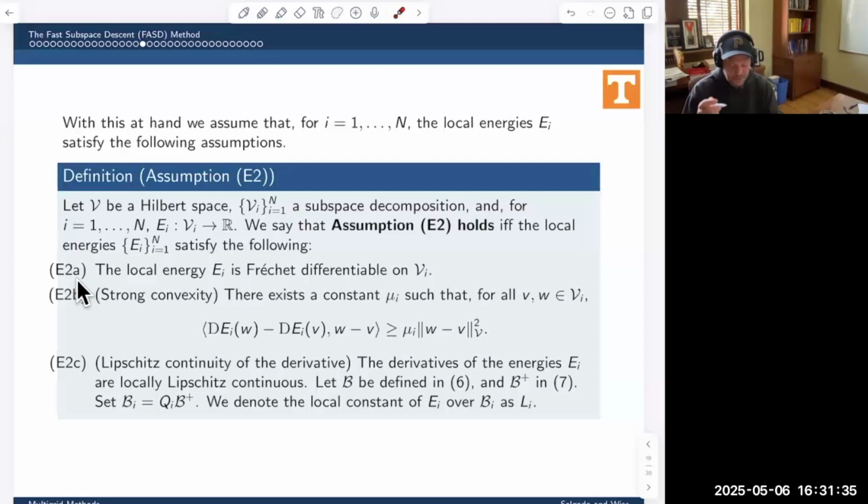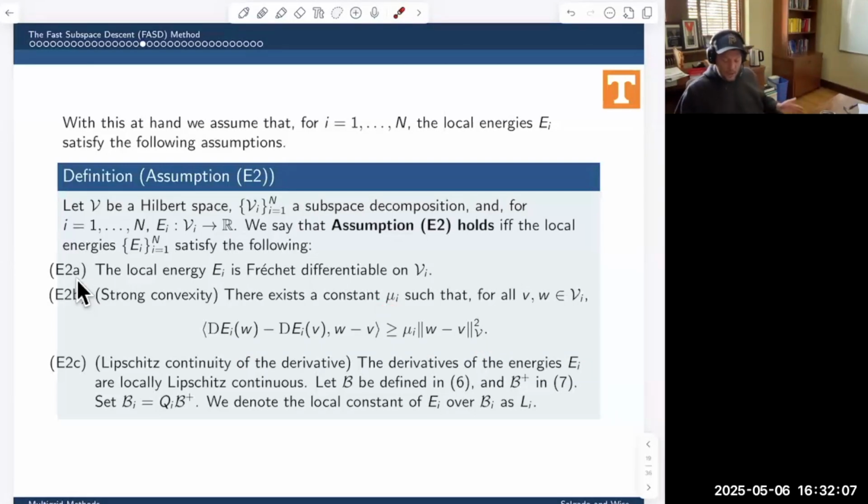However, we do need assumptions about the subspace energies, the same way we needed some assumptions about the parent energy, the ambient energy. And these are exactly like the ones on the ambient space energy. We need the energy to be Frechet differentiable on V_i. That's the basic one. We need these subspace energies to be strongly convex, and we're going to use a convexity constant of mu_i.